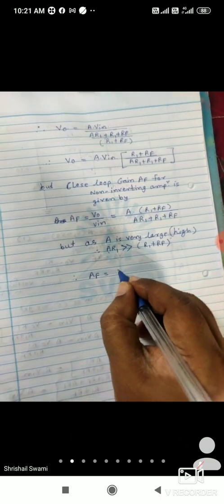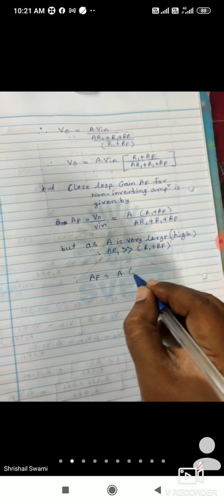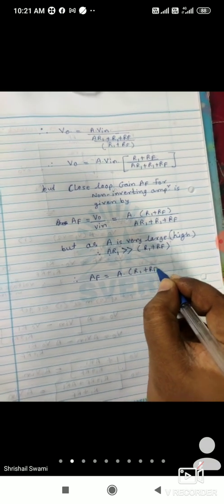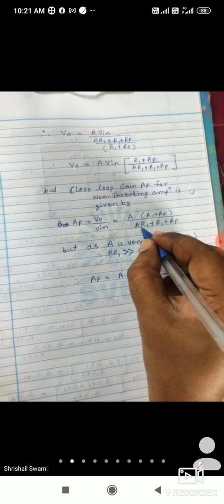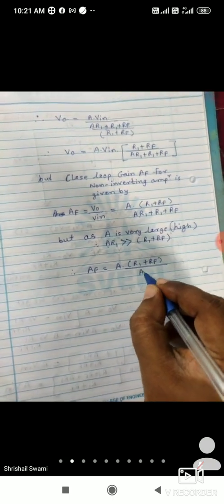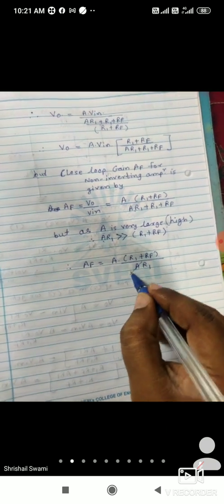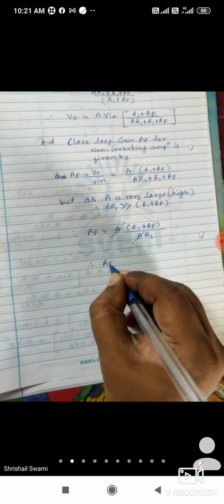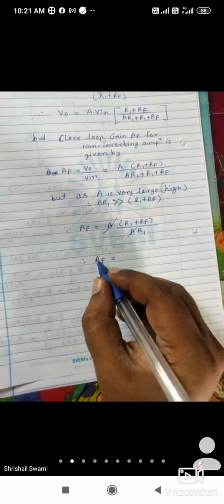So AF is equal to A into R1 plus Rf, that numerator remains the same. In the denominator, AR1 is very high compared to the addition of R1 plus Rf, so only A into R1 will remain. So this A and this A will get cancelled. So the final expression of closed loop gain of the non-inverting amplifier AF is equal to R1 plus RF divided by R1.